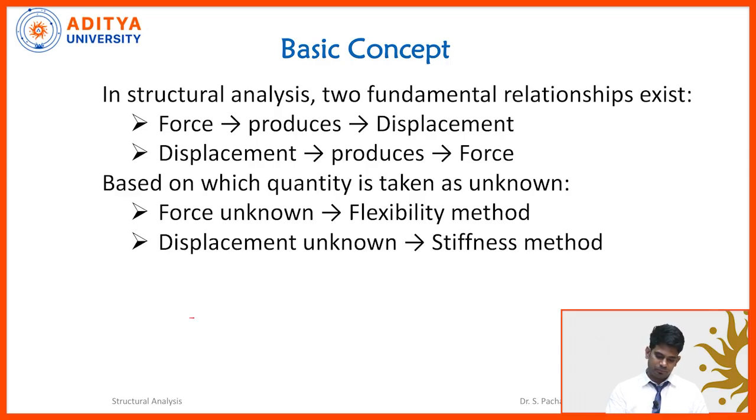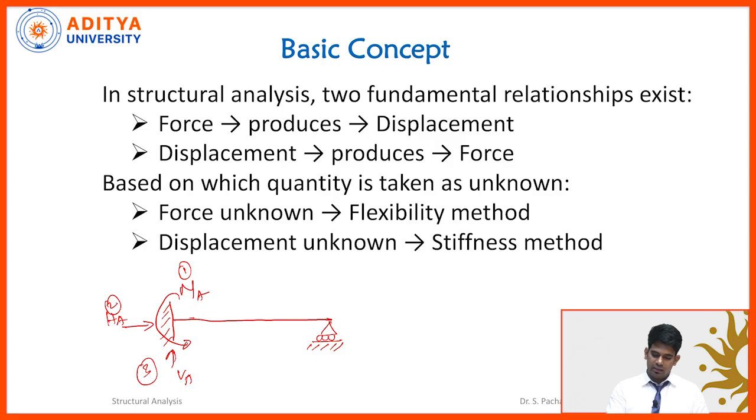For example, let us take a beam, the propped cantilever beam. Here HA will be there, VA will be there, and then the moment MA. So this is unknown 1, unknown 2, unknown 3, and then this vertical reaction VB. Let us say these are supports A and B. So here 3 unknowns plus this one, totally 4 unknowns are there.